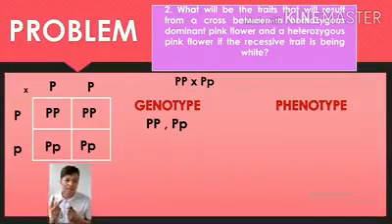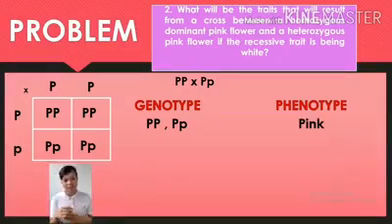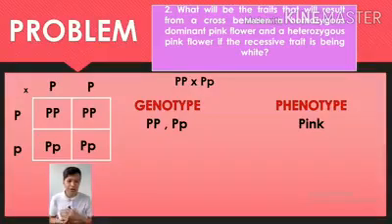But the thing here is that, will there be two characteristics to be expressed? Of course not. Because again, according to the law of dominance, the recessive allele or the recessive trait will be covered up if there is one dominant allele or dominant trait combined to it.